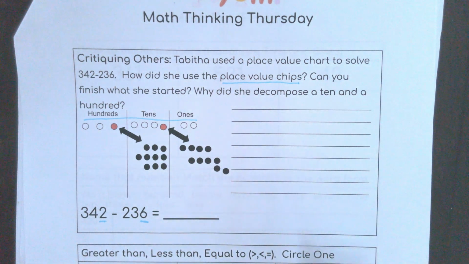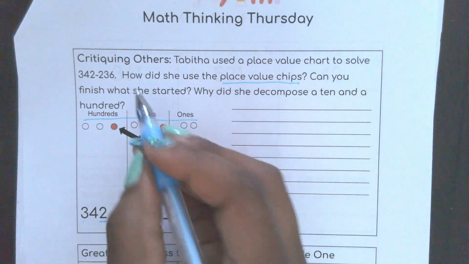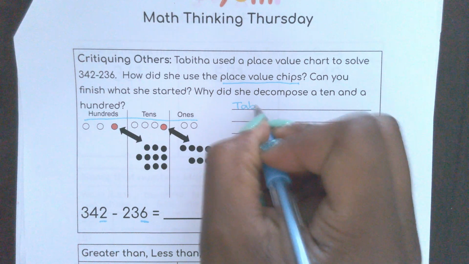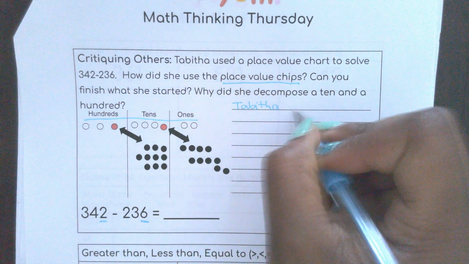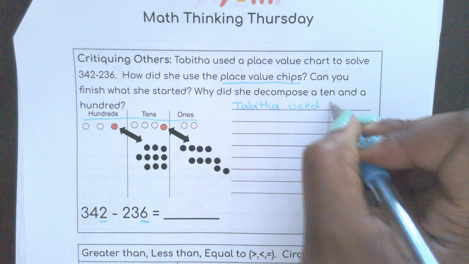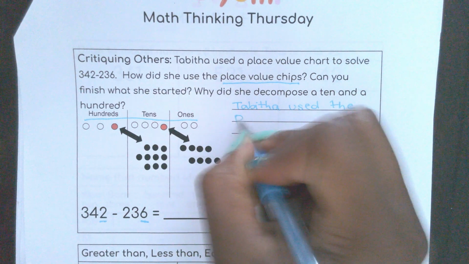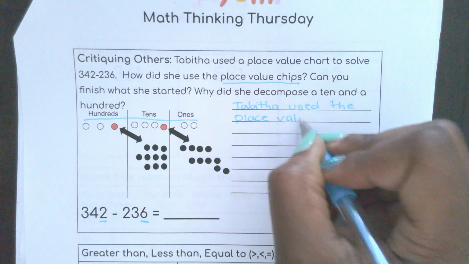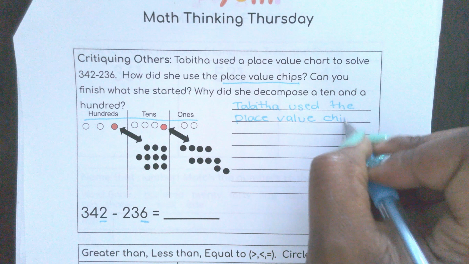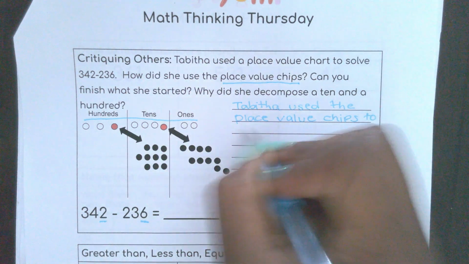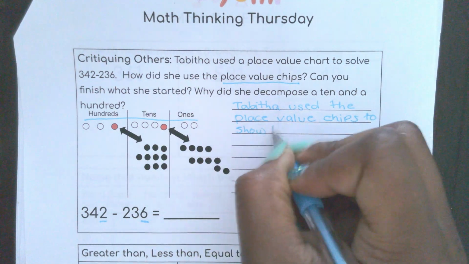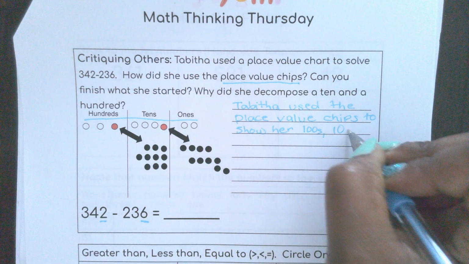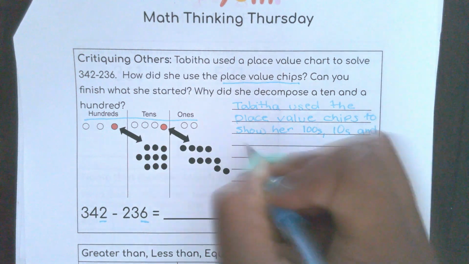So let's talk about how she used the place value chips like our question says. Tabitha used the place value chips to show her hundreds, tens, and ones.